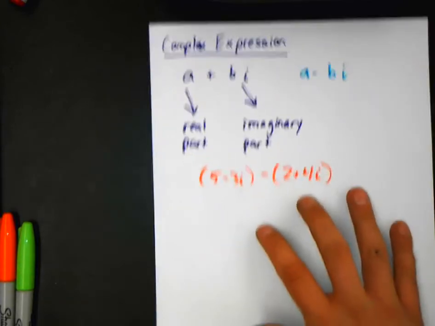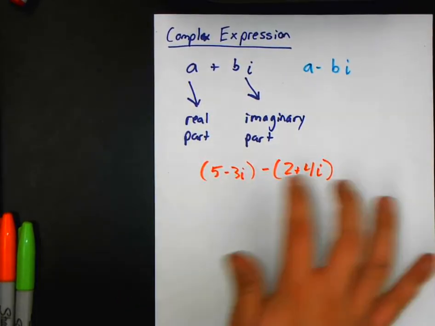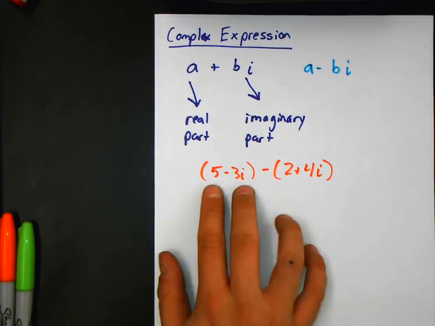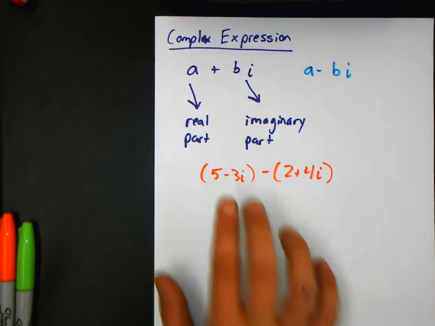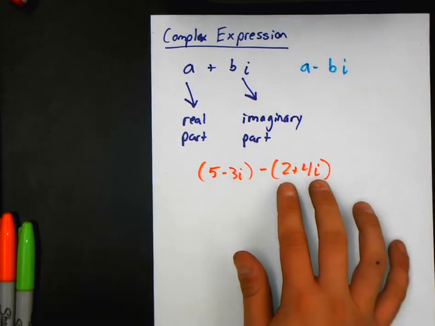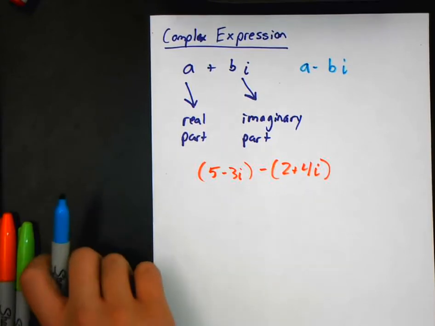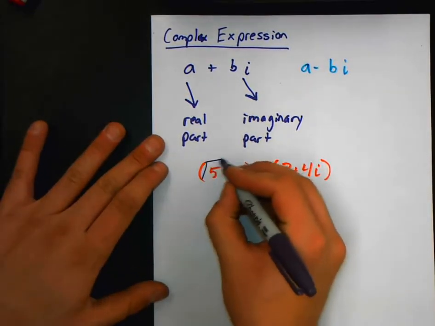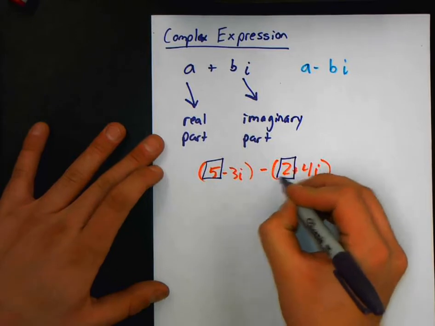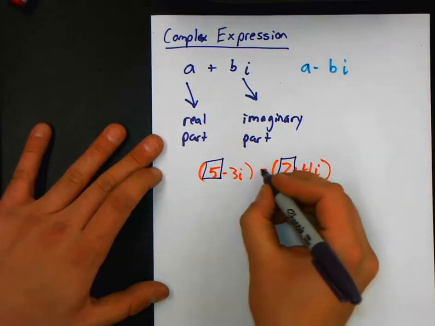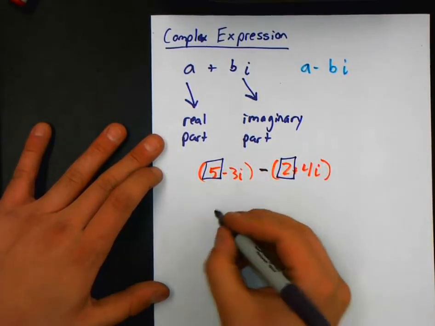Let's take, for example, these two expressions that are being subtracted that are complex. This is in the a minus bi form, and this is in the a plus bi form. We can look at our like terms, which are the numbers that are by themselves, and subtract them. So 5 minus 2 gives us 3.